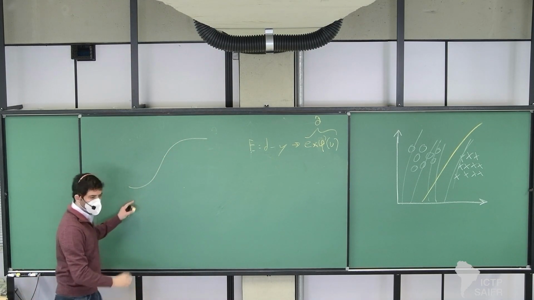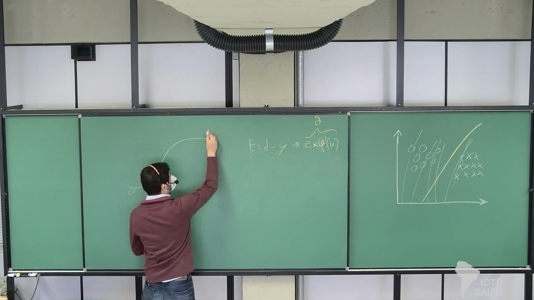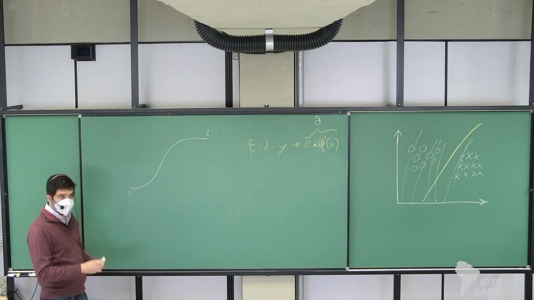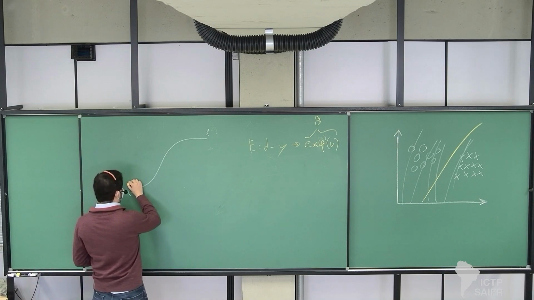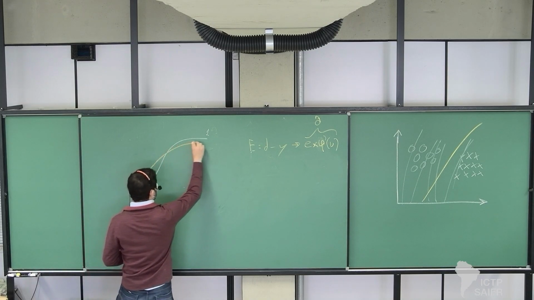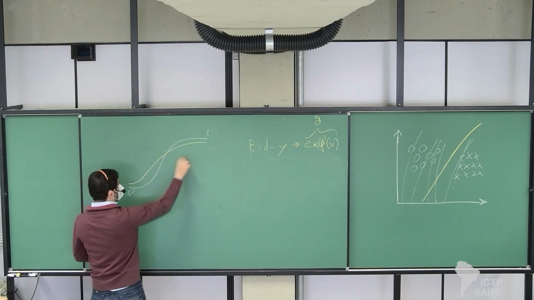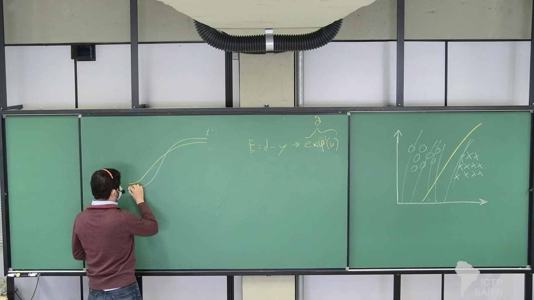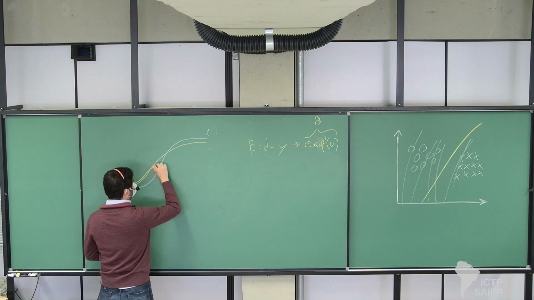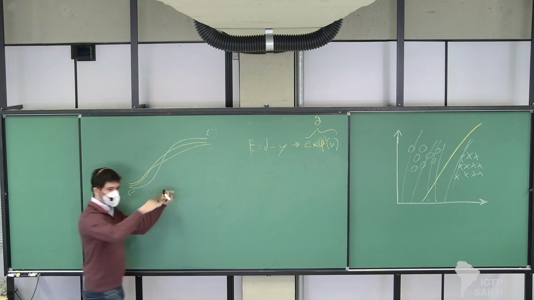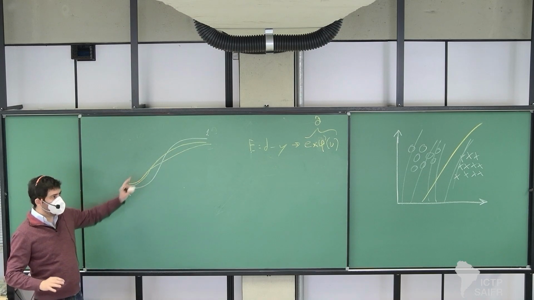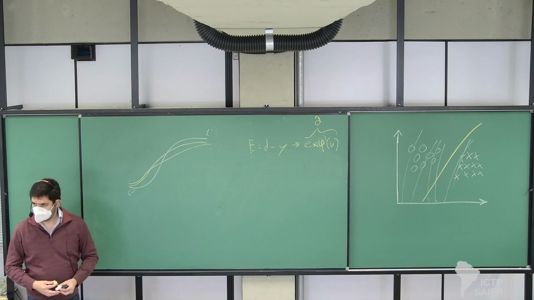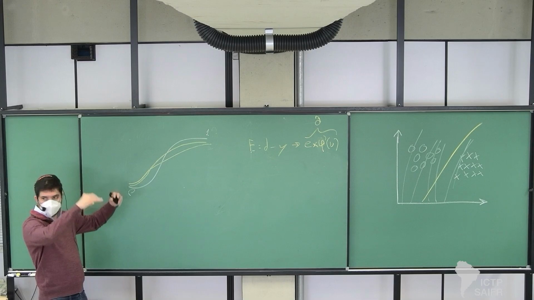So 0, 1, it shrinks. That constant gives us the smoothness of the function. But usually we use the value 1. It changes the curvature.